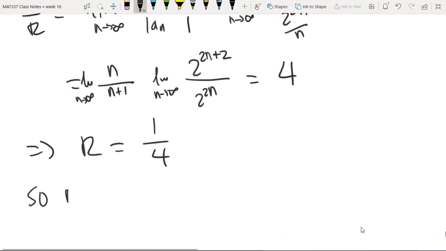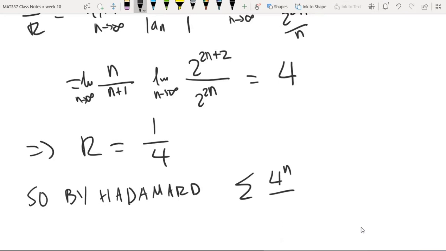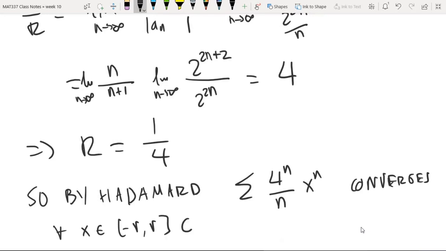So by Hadamard, the summation of 4 to the n, x to the n converges for all x inside minus R, R, inside minus 1/4, 1/4.